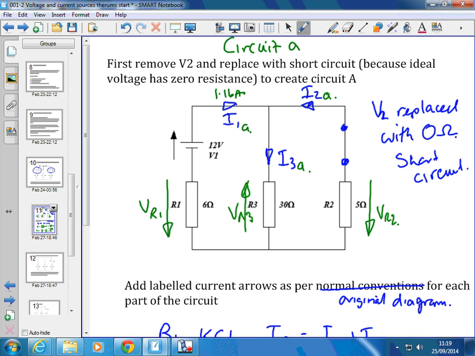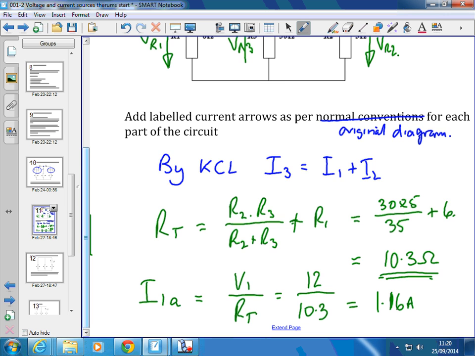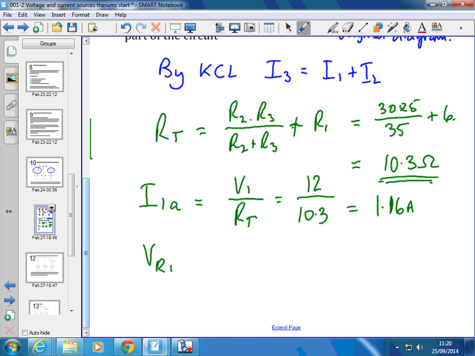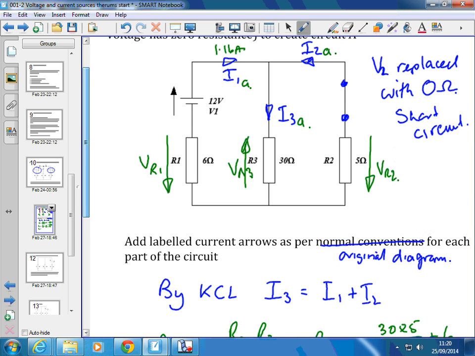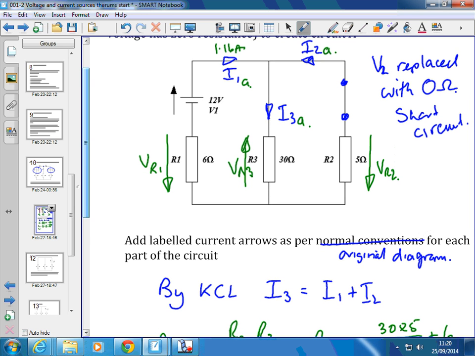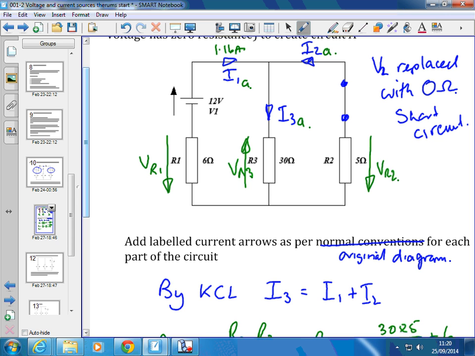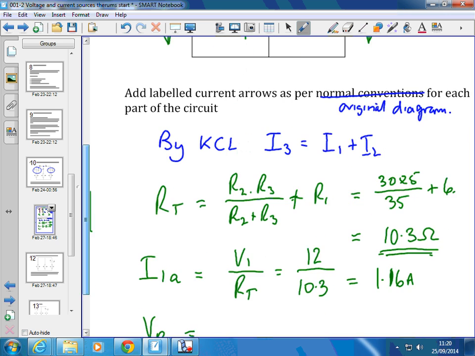Talking about it sounds very complex. If you do a bit of practice, it's not that difficult. For the Ohm's law, total resistance, and Kirchhoff's law. So you're rightly saying, yes, you can find VR1. How do we find VR1? Current times resistance.